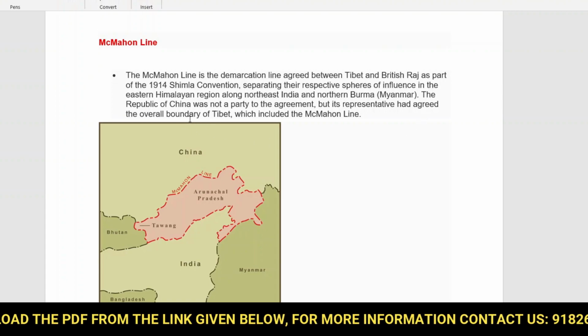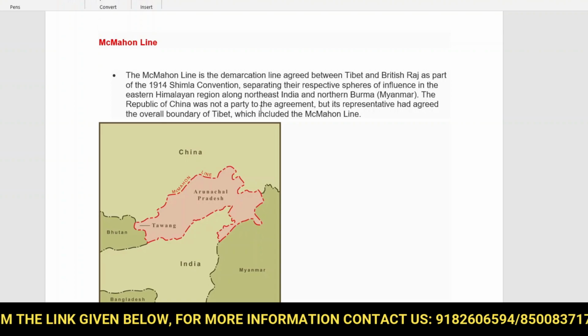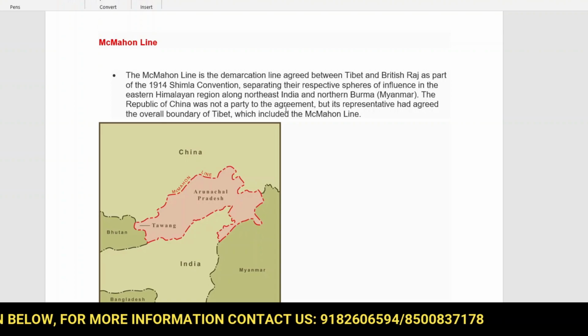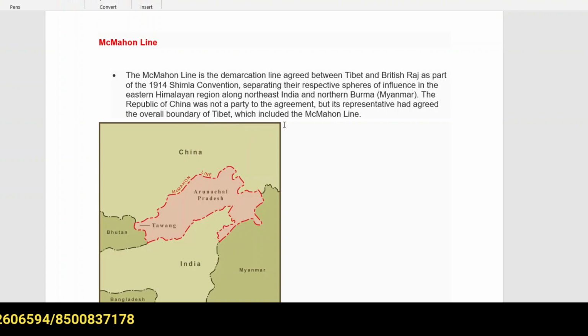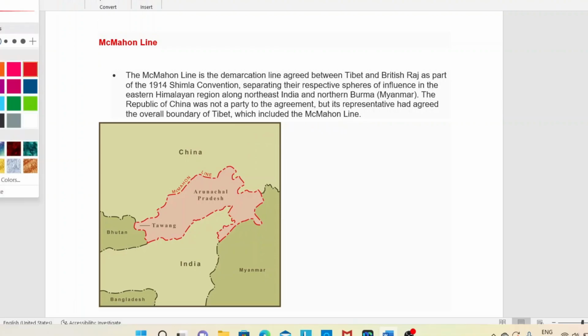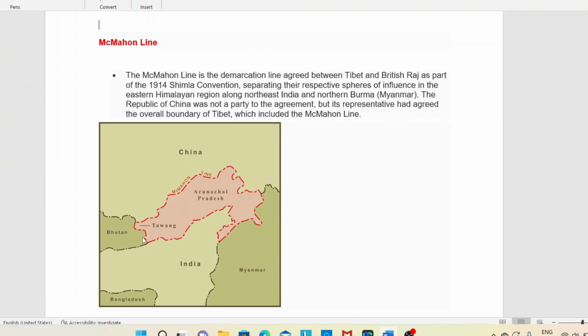The Republic of China was not a party to the agreement, but its representative agreed overall to the boundary of Tibet, which includes the McMahon Line. We can see here, this is the McMahon Line between India and China in the Indian state of Arunachal Pradesh.